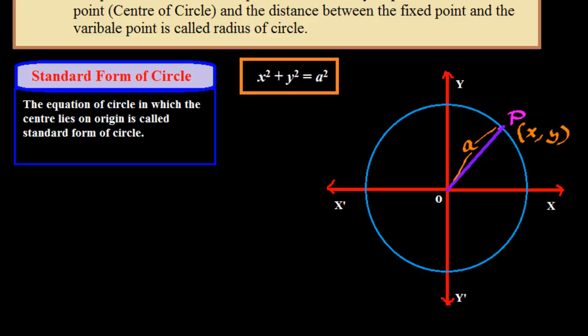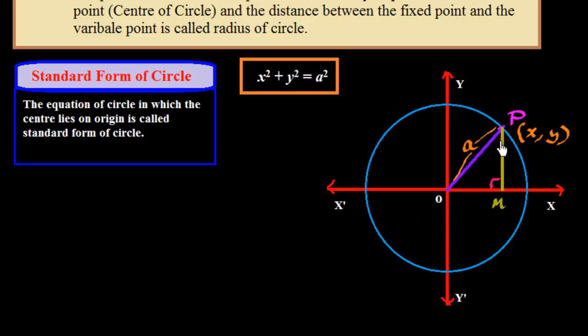Draw one perpendicular line, and we give this point the name M. So here we get a triangle PMO, where angle PMO is 90 degrees. So PMO is a right angle triangle where angle M is 90 degrees.